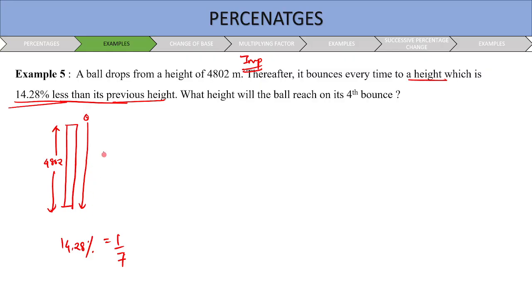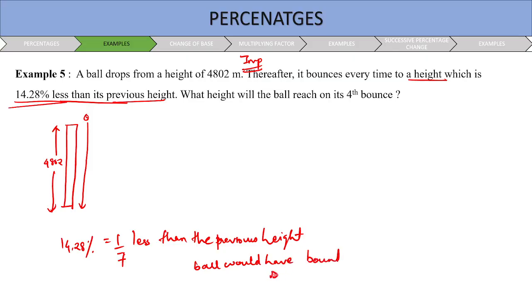So how much did the ball bounce? If it is 1 by 7 less than the previous height, then the ball would have bounced for the remaining, how much? 1 minus 1 by 7, which is 6 by 7.